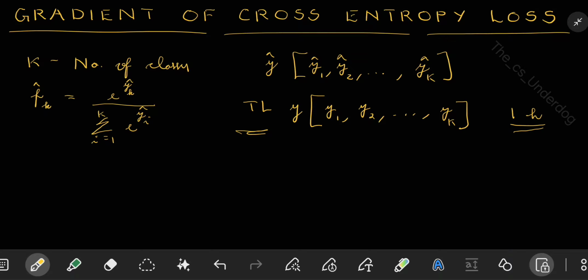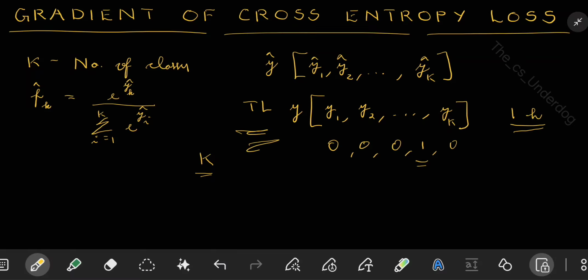One hot encoding means all the values will be 0 except one particular value. Let us say this value is 1. The value which is 1 will tell you which is the right class. So first of all, what are we doing here? Multi-class classification. In multi-class classification, you will have k classes, and out of this only one particular class will be the right class. So how do you identify that one particular class?